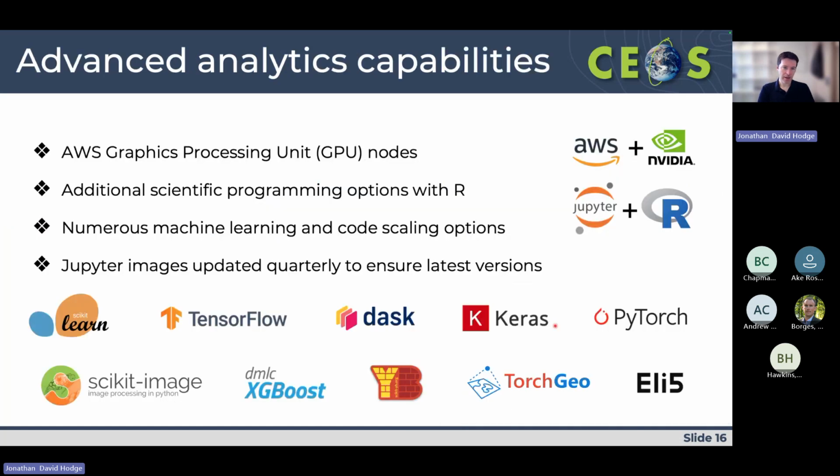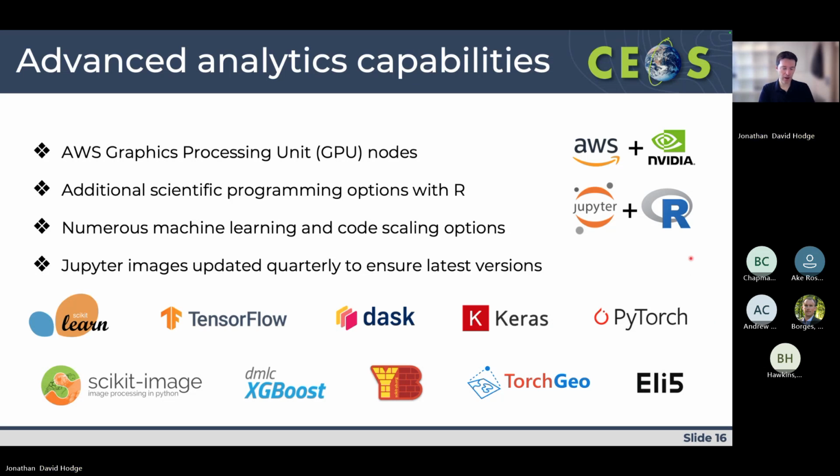On top of that, CAL has a whole heap of other advanced capabilities. As I mentioned before, we can enable GPU nodes. So this opens up a whole world of machine learning and AI processing. There is an R environment that we can enable.